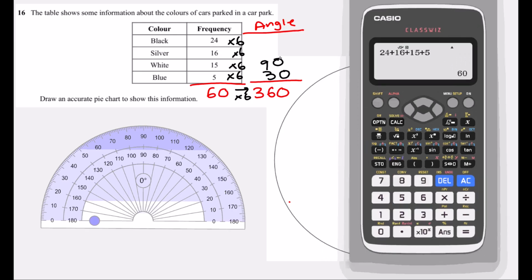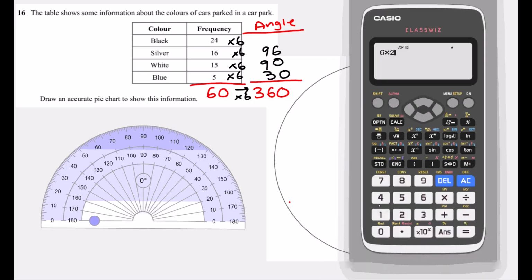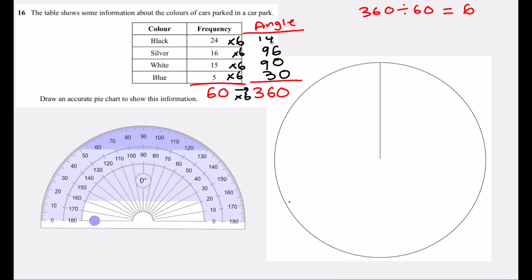And then 6 16s is 1 more 6, that's 96. 6 times 24 is 144. So we want 144 degrees for black, 96 degrees for silver, 90 degrees for white, and 30 for blue.